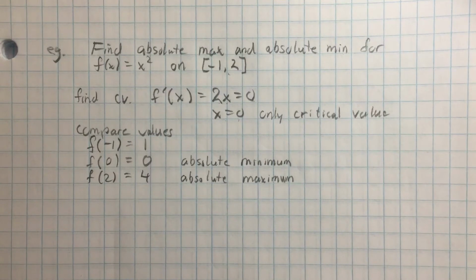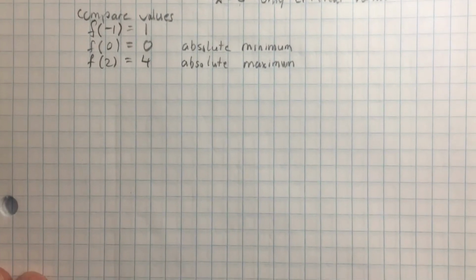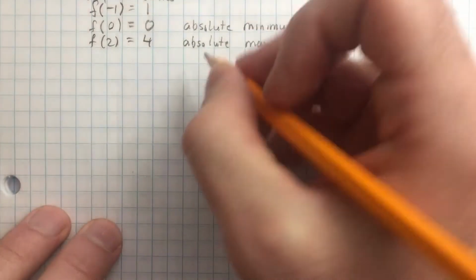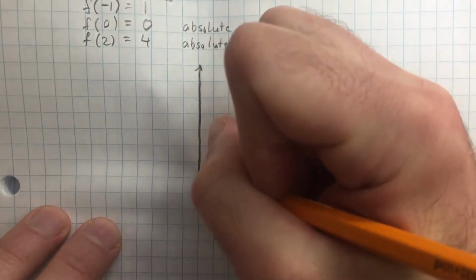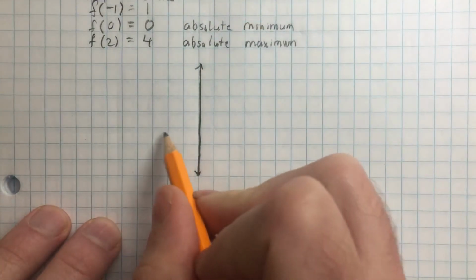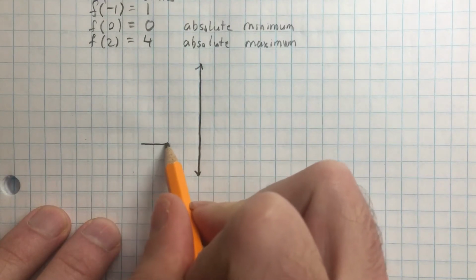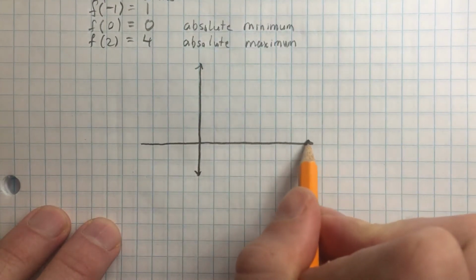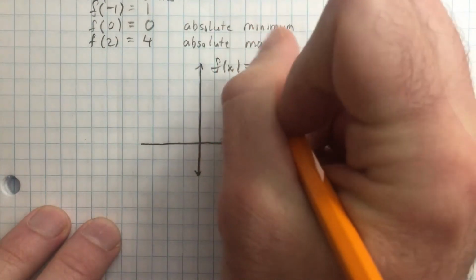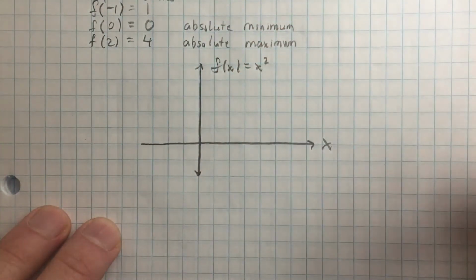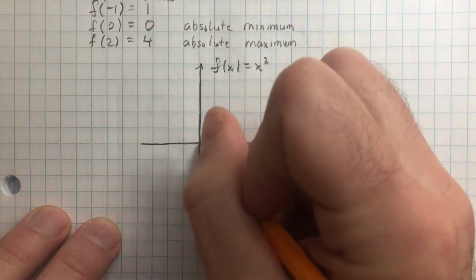So let's see in a picture what exactly did we do and what did we find here. If I draw x squared, I put in 0, I get 0.